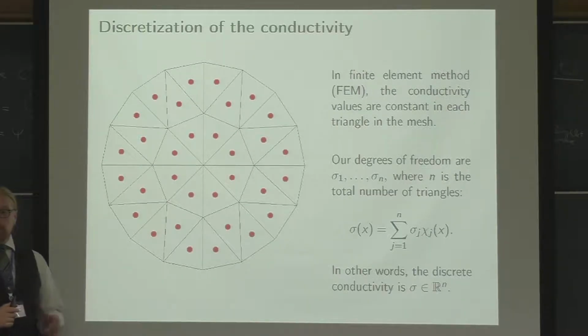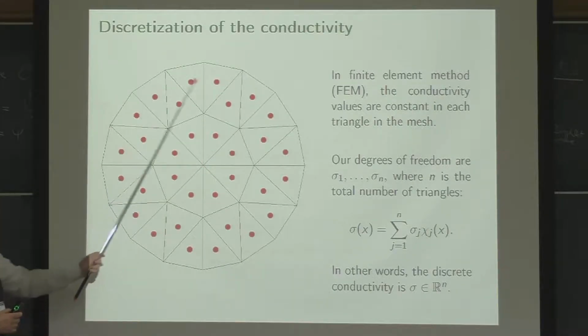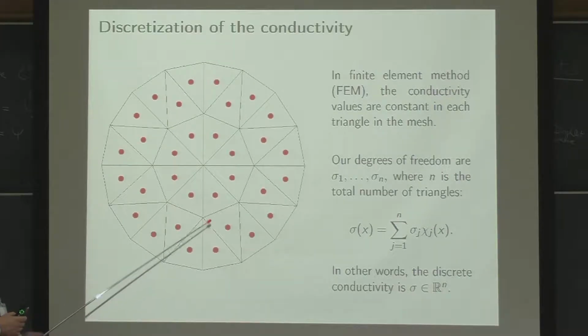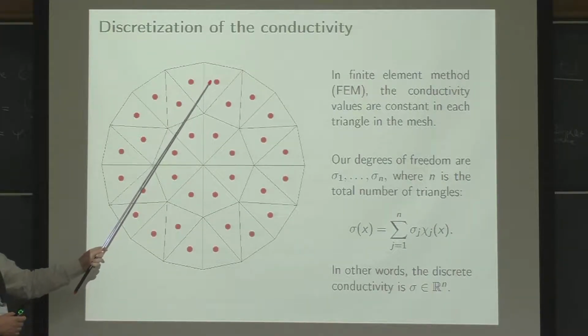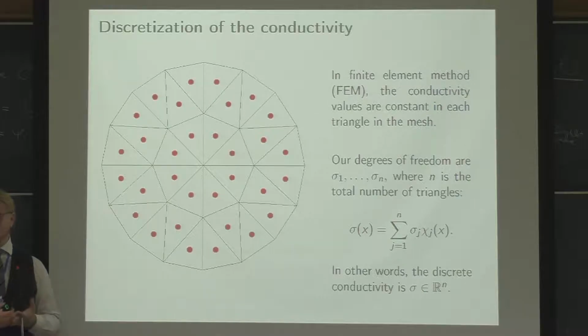And now we need to discretize everything. So the conductivity needs to be in R^n because our forward map maps from R^n to R^k. So we make a finite element mesh, and in each triangle we have a constant value for the conductivity.